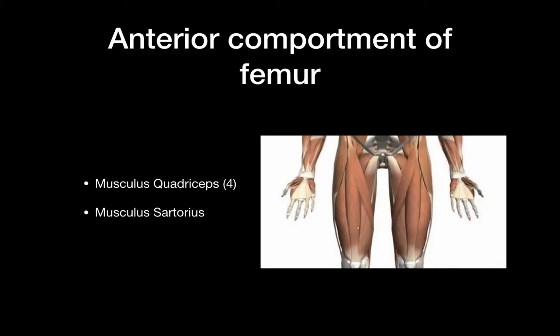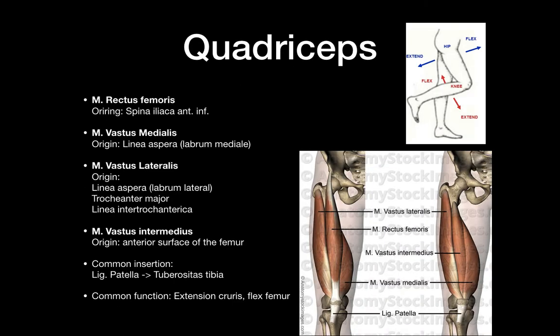So let's go over to the anterior compartment of the femur. The anterior compartment is going to be musculus quadriceps, which consists of 4 muscles, and musculus sartorius.